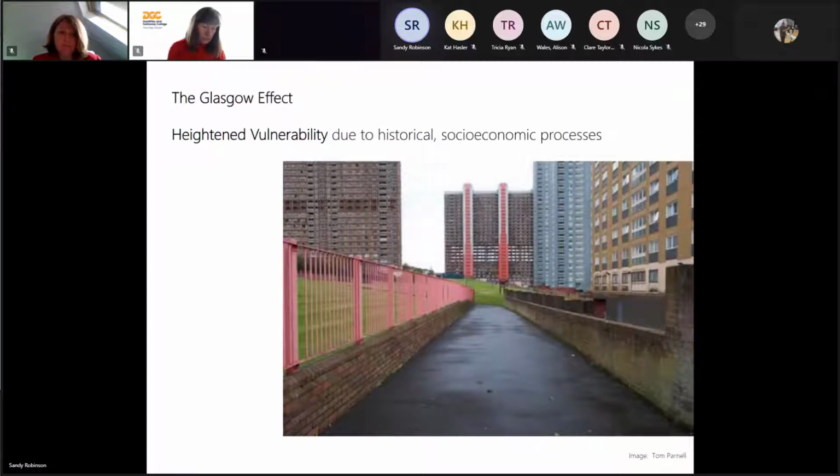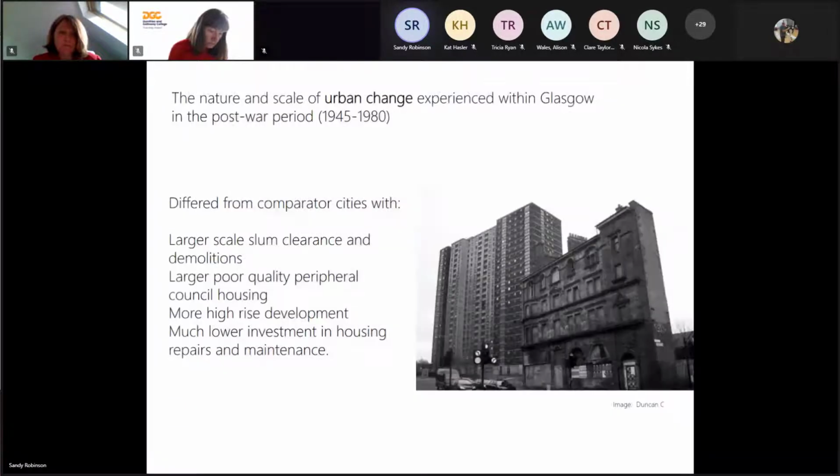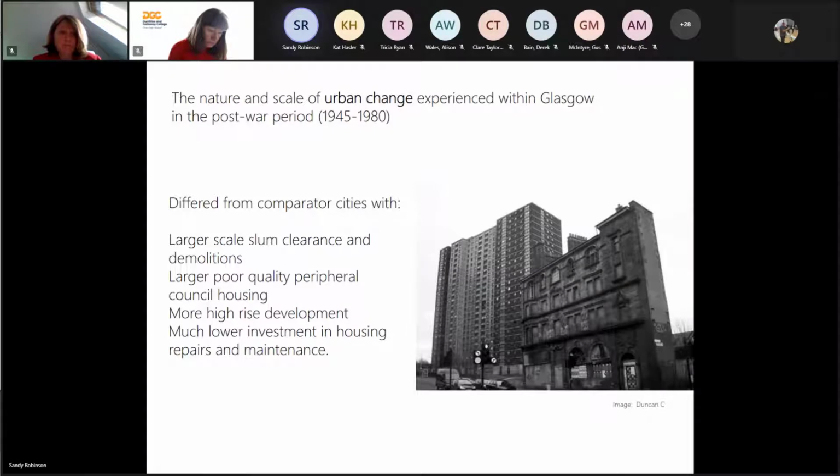And what we in our area were interested in is the relationship of the built environment there too. So issues like overcrowding, the quality of the environment around people were very significant. The nature and scale of urban change in Glasgow was hugely significant. What it did is it selected some people for opportunity, and it left many people behind too.